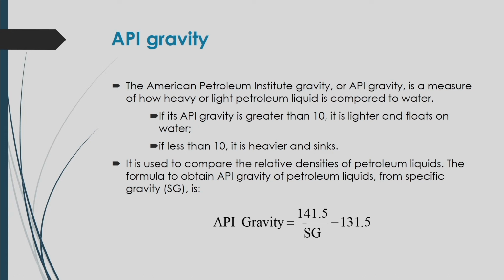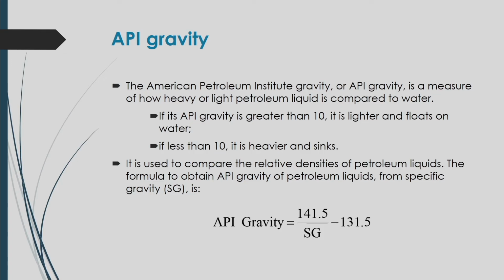If the API gravity of a petroleum liquid is greater than 10, remember, it is referred to as a lighter liquid, and it floats on water. Whereas, if its API gravity is less than 10, it is called a heavier liquid and it sinks.